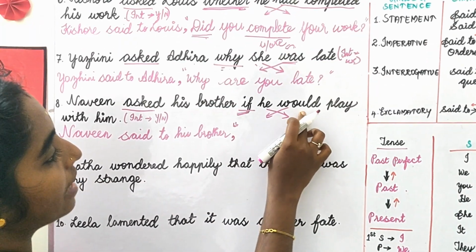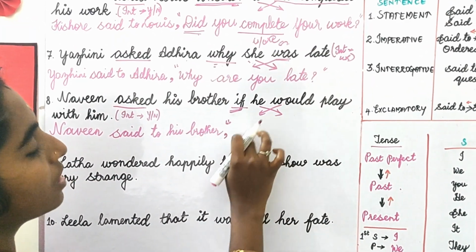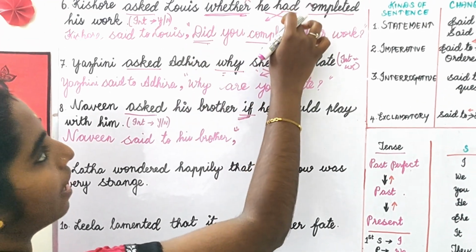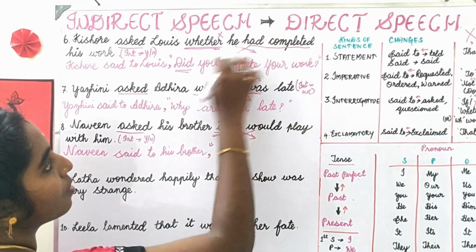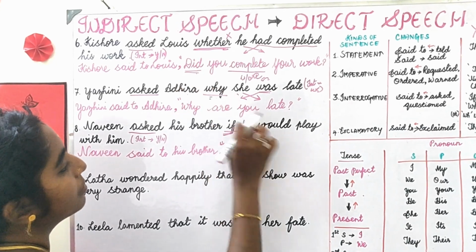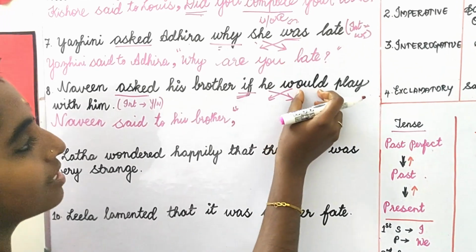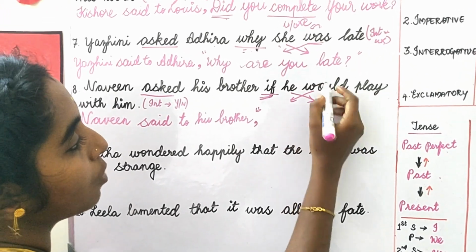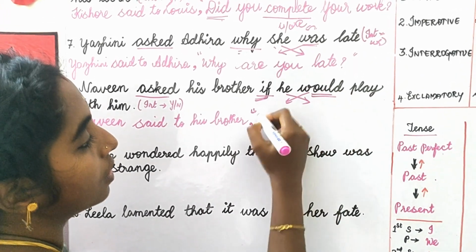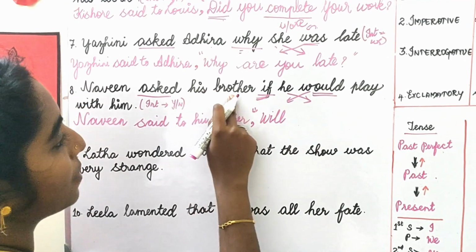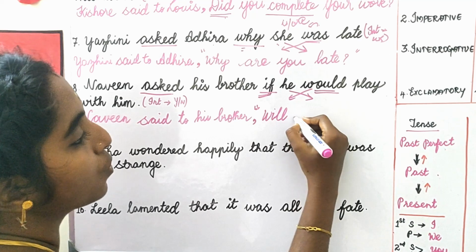We need not add or think of a question word here like of here. See, had completed is in past perfect, so we have added did, isn't it? Similarly, here there is no new question word, it's just present tense of would. What is the present tense of would? Will. And he is saying to his brother, second person, so you.